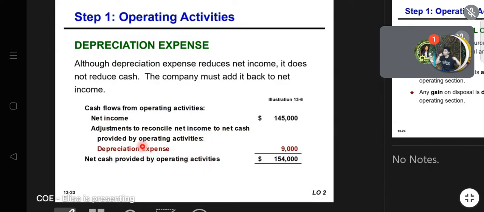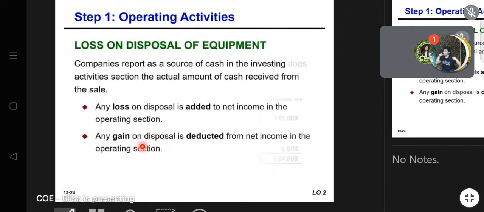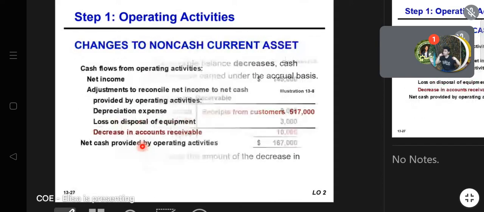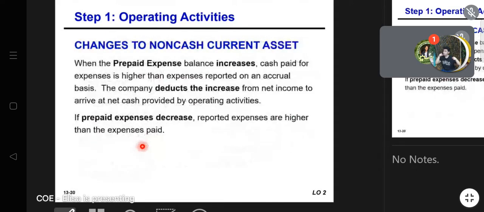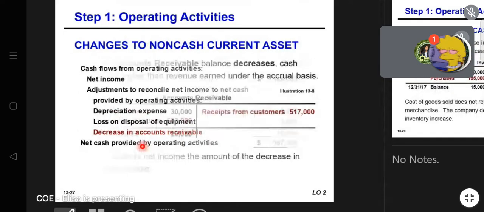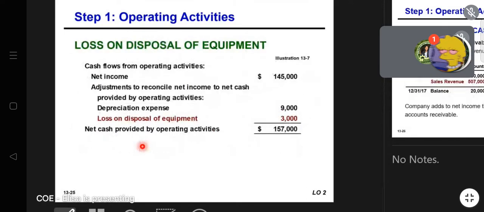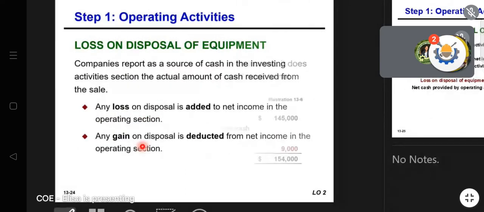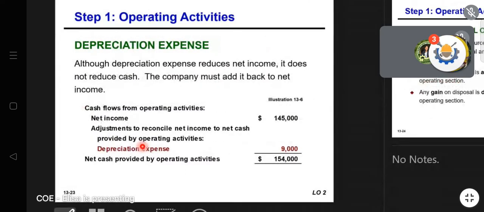We will start with, ako na lang ni siyang i-move forward para makita nato ang total. We start with adjustments to reconcile net income to net cash provided by operating activity.